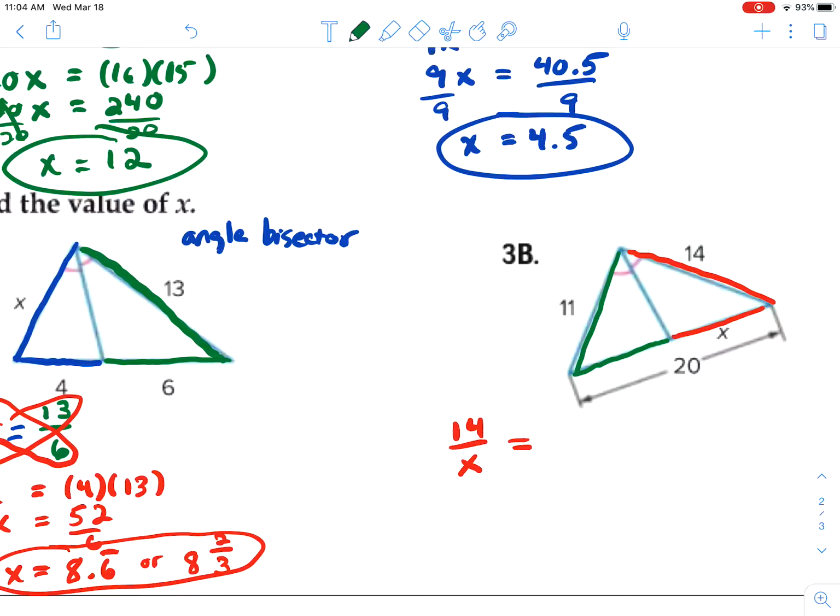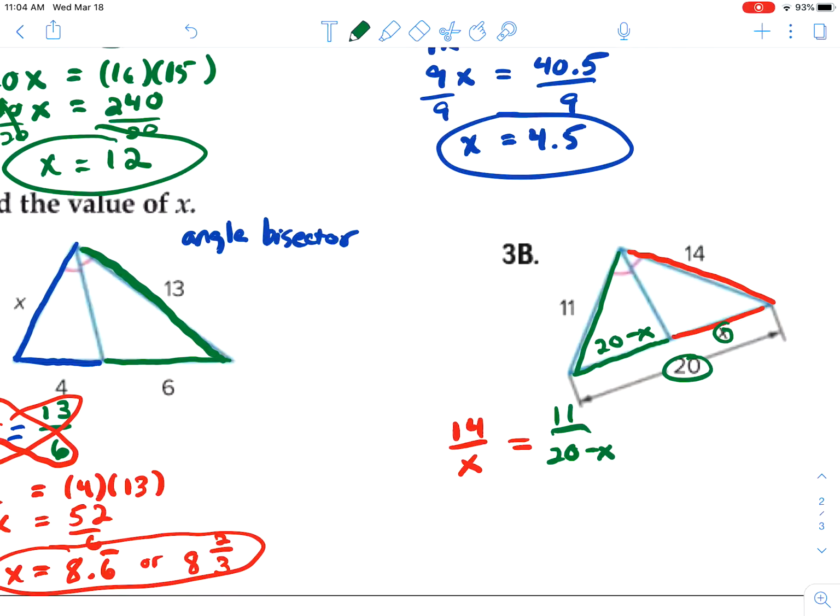And then how would we express this segment here? Talked about that in our notes. So 11 over, well, if the whole side length is 20 and this is x, then that would leave us with 20 minus x for this side length. So 11 over 20 minus x.